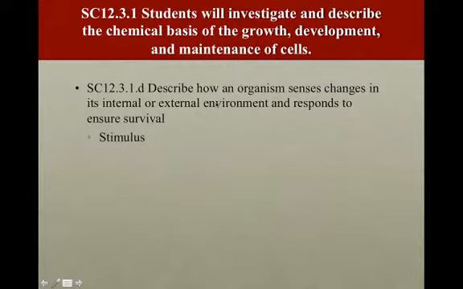D, describe how the organism senses changes in its internal and external environment and responds to ensure survival. So what are some different things that organisms respond to? I was thinking more basic, like temperature.